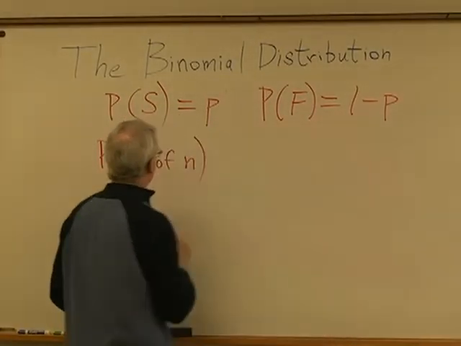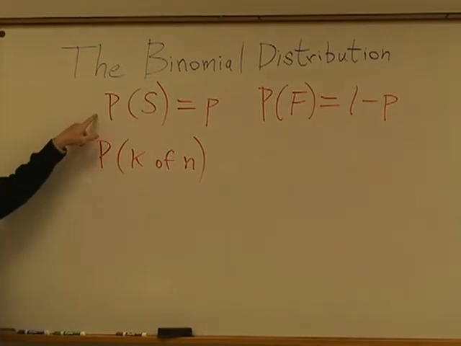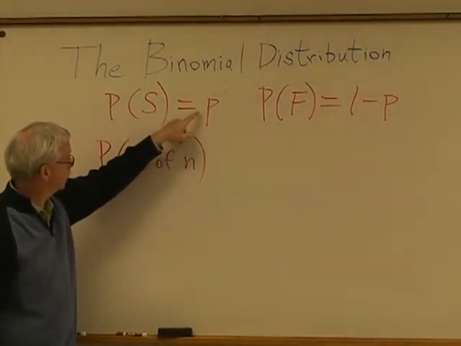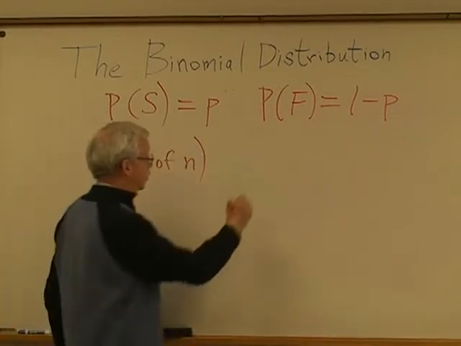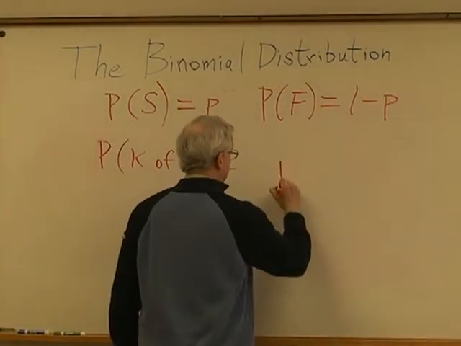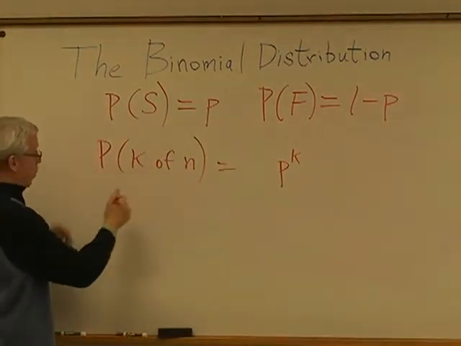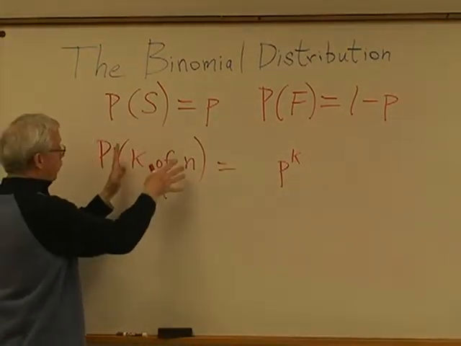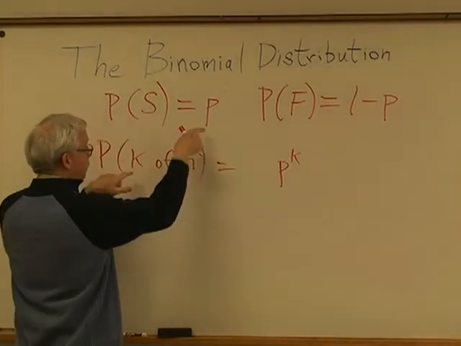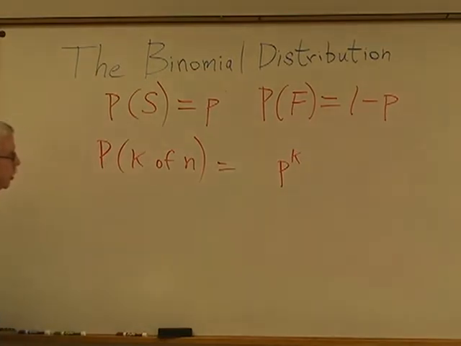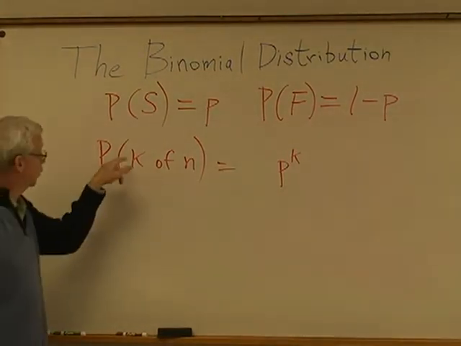Well, what's the probability of getting k successes? If they're independent, it's p times p times p times p, k times. This is p to the kth power, because one of these patterns that works is going to have k successes in it, and it's going to have n minus k failures in it.